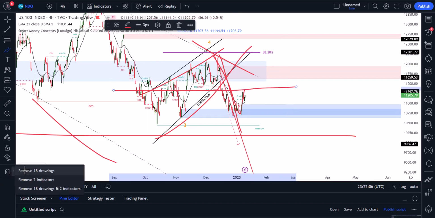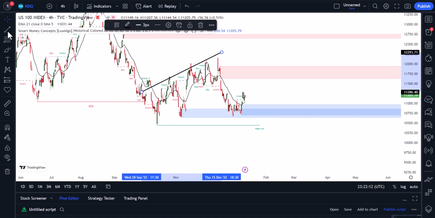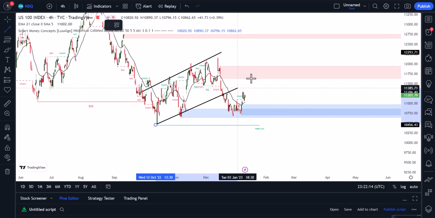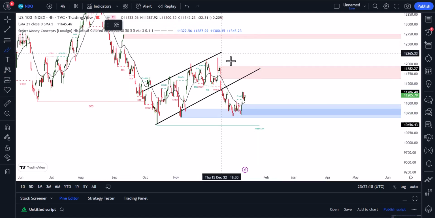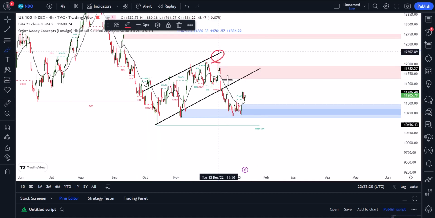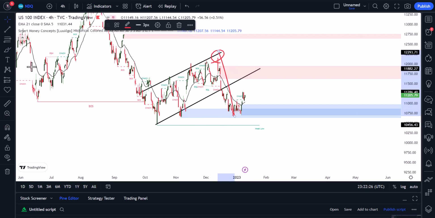So just let me remove it. This was the correction, and I showed you sell from this point, and I think it's around 2,000 pips positive right now.